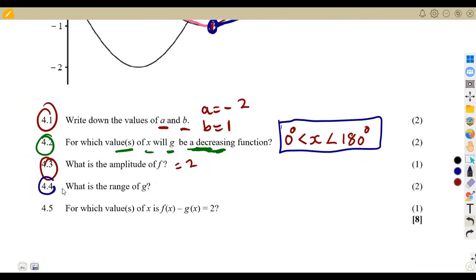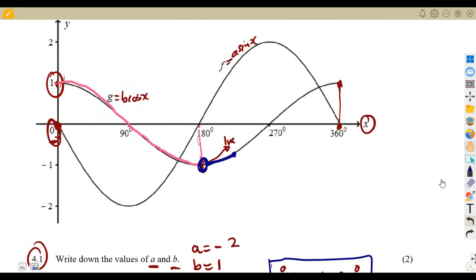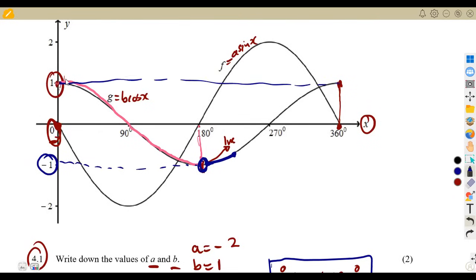All right. Then 4.4, what is the range of G? The range, these are the Y values that we are going to be talking about. What are the Y values that are affecting G? So our G is limited from the minimum value, which is at -1, to the maximum value, which corresponds to +1.